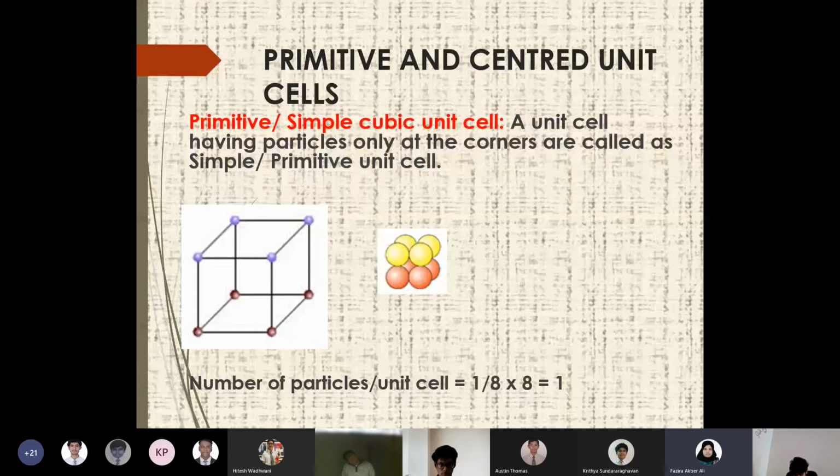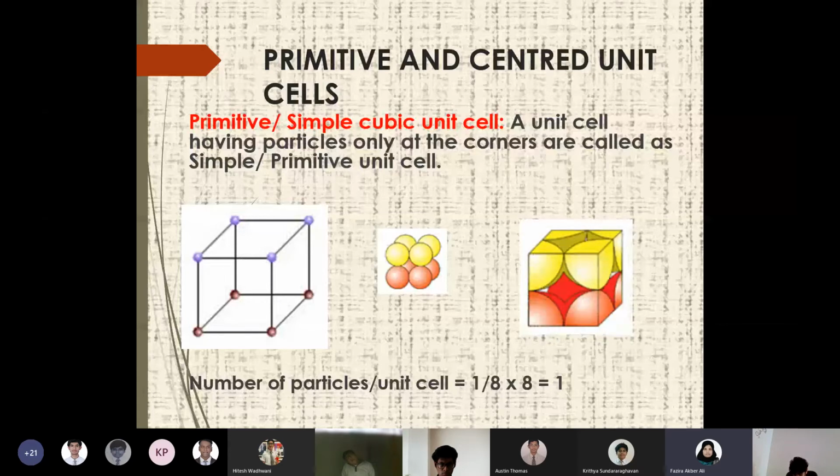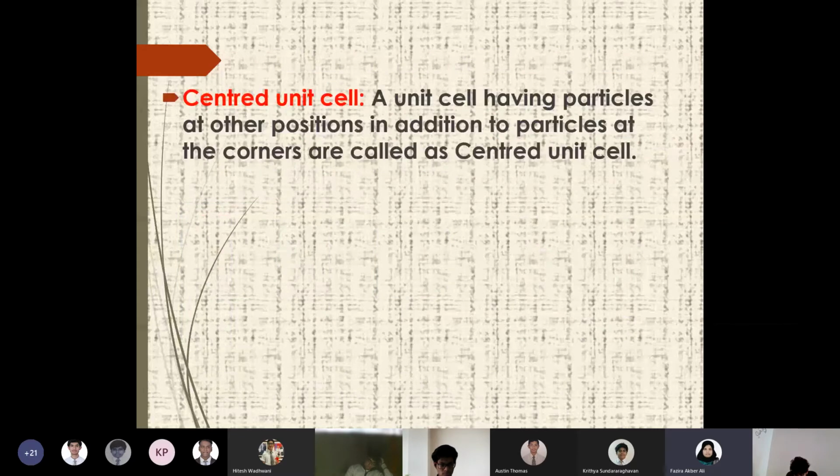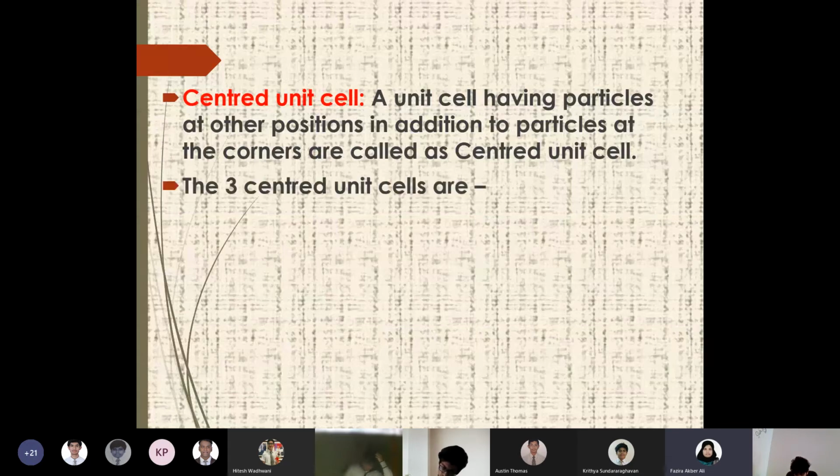So this is the classification of arrangement of particles: primitive unit cell arrangement and centered unit cell arrangement. Now we have to look into the centered unit cell. A centered unit cell is a unit cell having particles at other positions in addition to the particles at the corners.